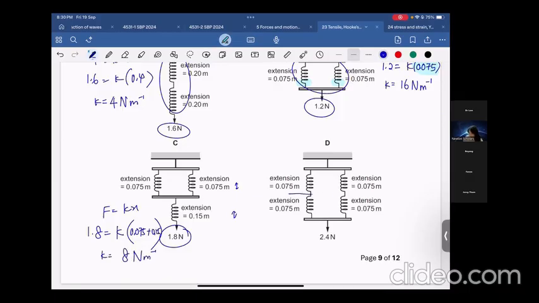For this one, we can separate it in this way. Separate it into these two ways. So F equals to Kx. Overall force is 2.4. Overall K, we don't know. Overall extension here and here, so it's 0.15. So K is 16 Newton per meter. Okay, is that clear for this part?